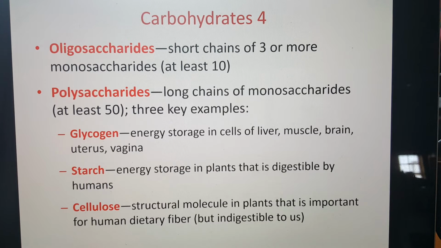The last one is cellulose. Cellulose is another carbohydrate molecule in plants. It's more structural. We don't have the ability to break it down. We can make it into smaller bits of cellulose, and that creates our dietary fiber, also called roughage for some people. Grandma probably used to call it roughage.